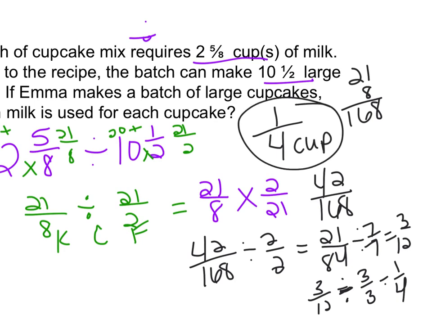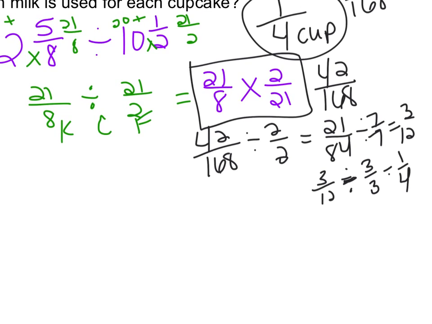Okay, so now we're going to go ahead and try it by simplifying this part. So I'm going to move it up again. So I'm going to write it. Let's use red. So 21/8 times 2/21.